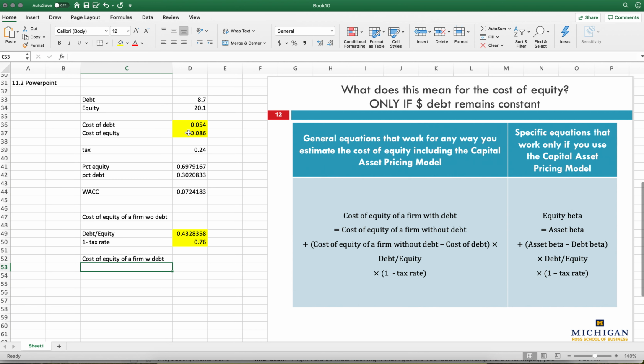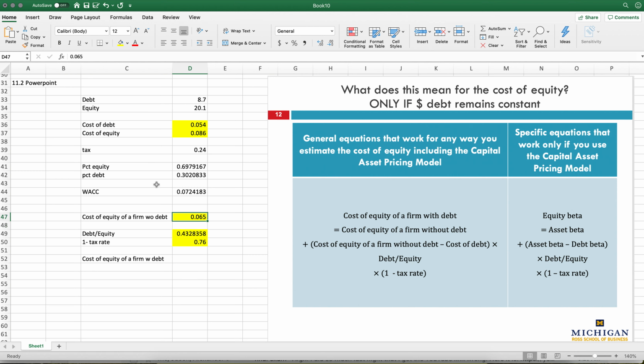So notice we have this number that we're going to try to solve for, but let me go ahead and do the formula and then we'll use GoalSeek to figure it out. The formula here is cost of equity of a firm without debt. So let's just make up a number right here, 0.05 or 65, doesn't matter.